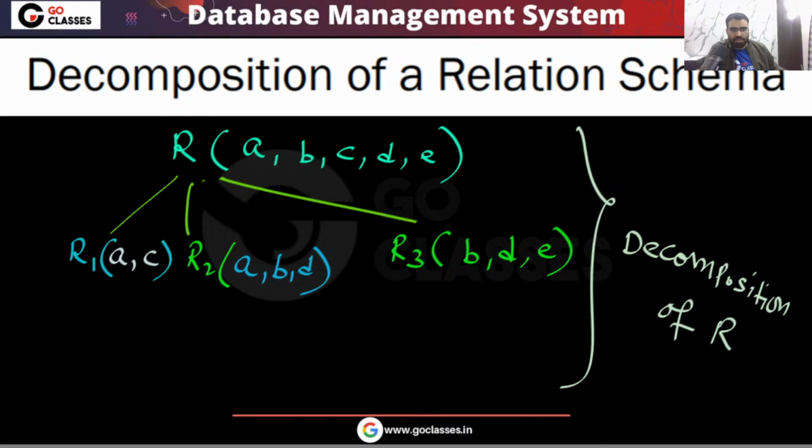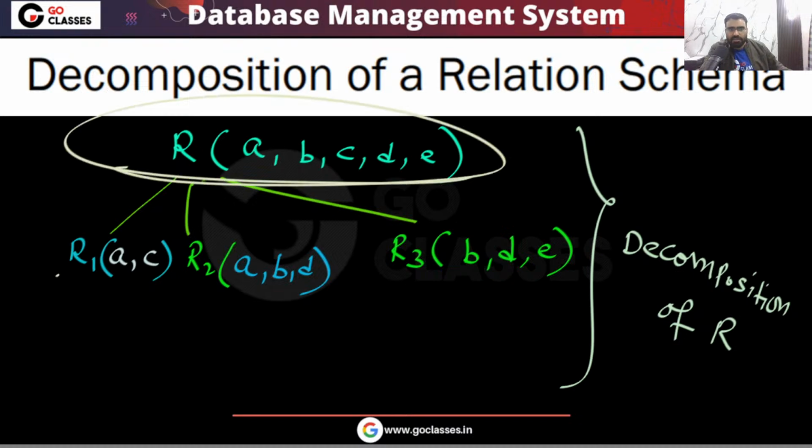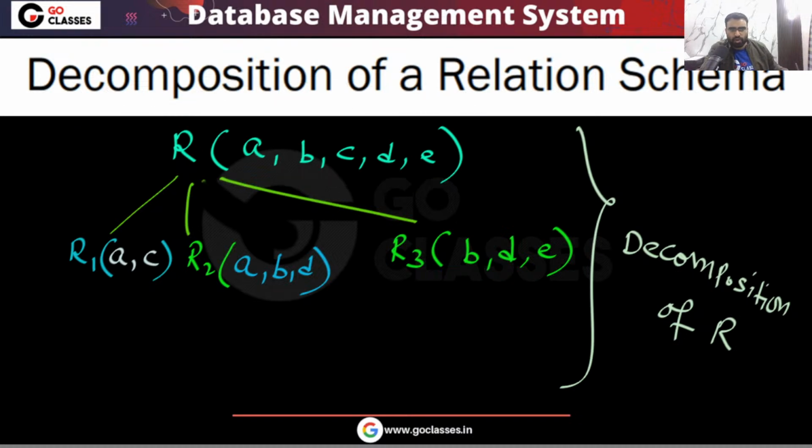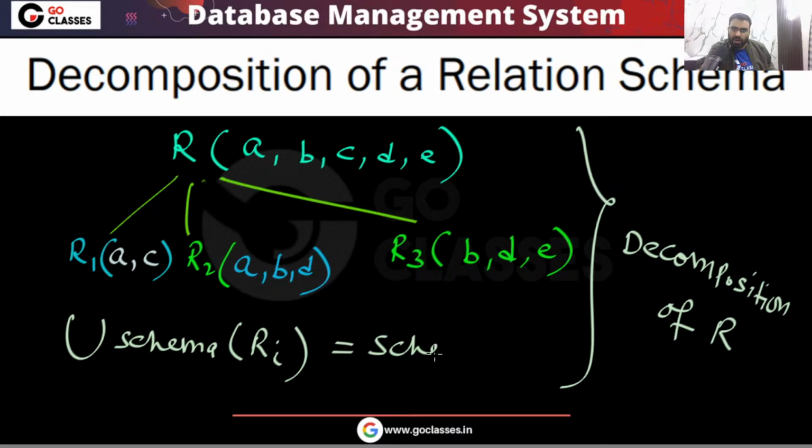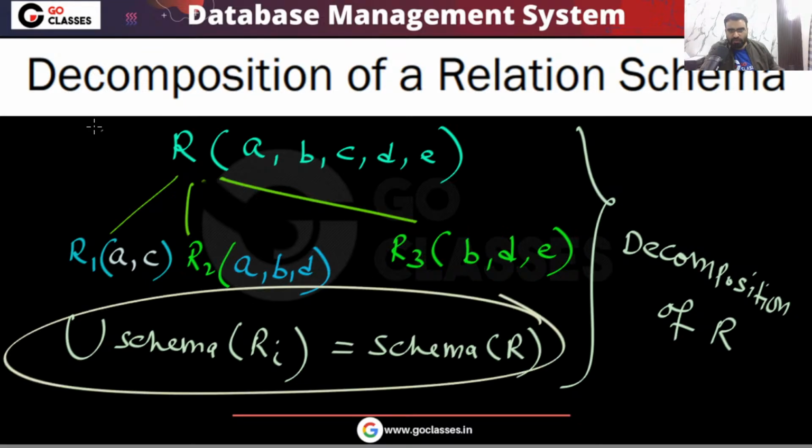So in the definition of decomposition, there is one important point: every attribute of relation R should be preserved. Or I can say, if you do the union of the schema of these decomposed sub-relations, then we should get the schema of the original relation. That is, the union of the schema of Ri should be the schema of R. This is part of the definition of decomposition.